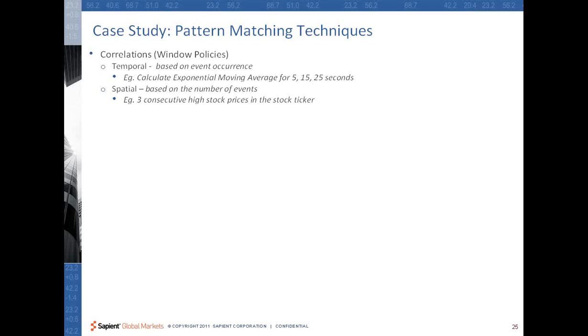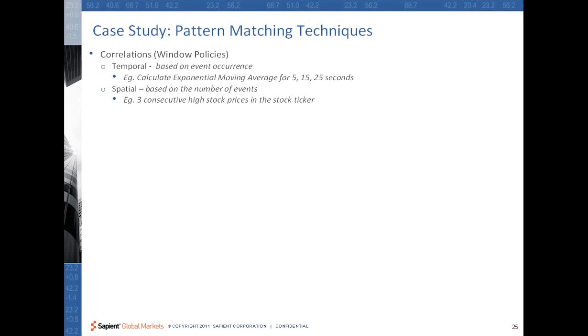There are temporal windows and spatial windows. Temporal windows can be used to do a stateful event correlation based on event occurrence. A peephole is created in the event stream based on the time in which the state of the previous event in the stream is used with the current event state to determine a pattern.